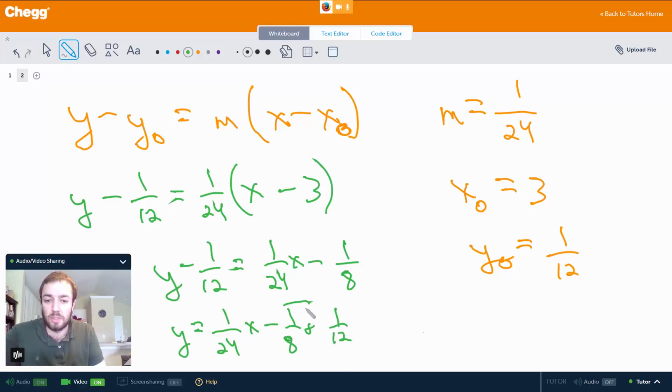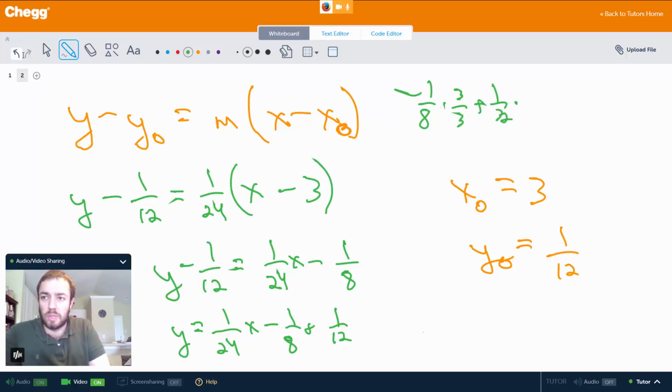So then it really comes down to simplifying minus 1/8 plus 1/12. And since this video's not too long yet, let's go ahead and just do that real quick. So minus 1/8 plus 1/12, we want to get a common denominator. So the least common denominator is going to be 24, right? So what we can do is say, okay, minus 1/8 times 3 over 3 plus 1/12 times 2 over 2.